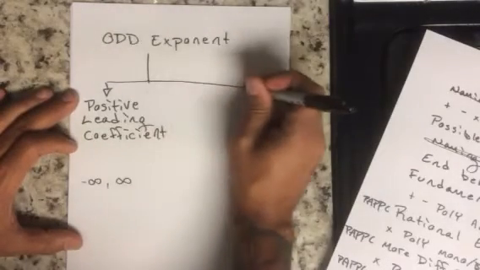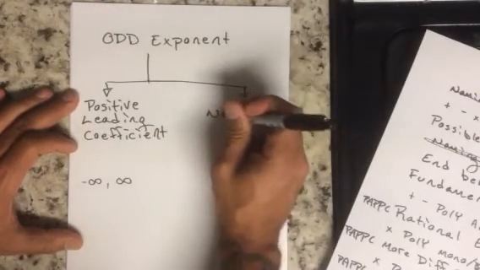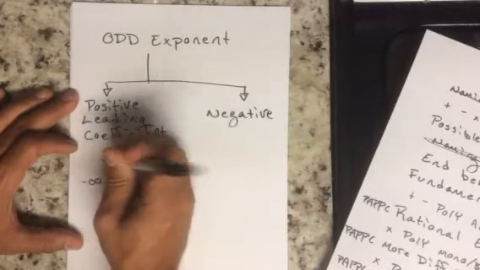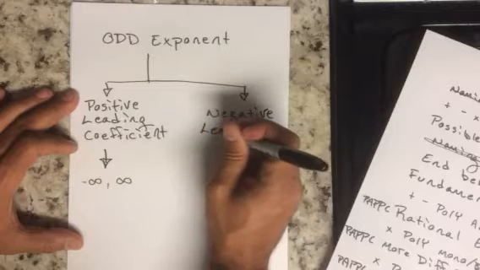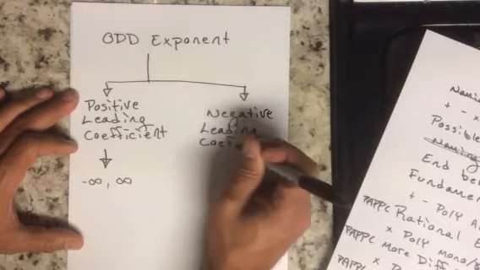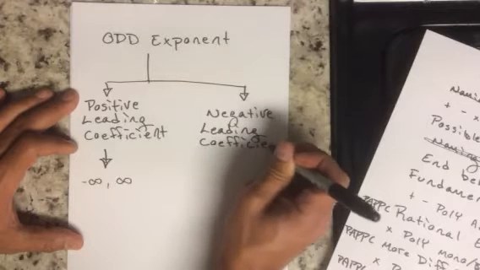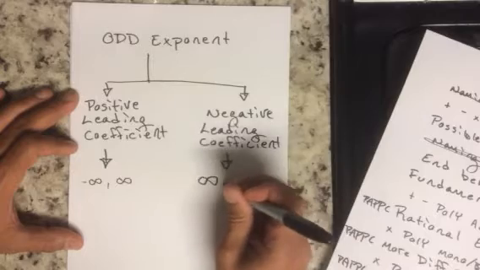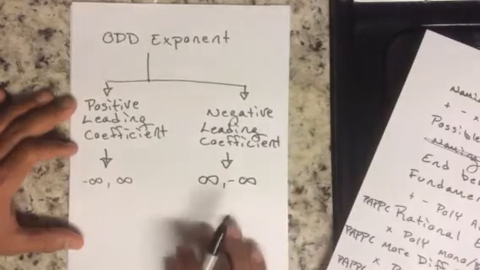An odd exponent with a negative leading coefficient is going to go from infinity to negative infinity.